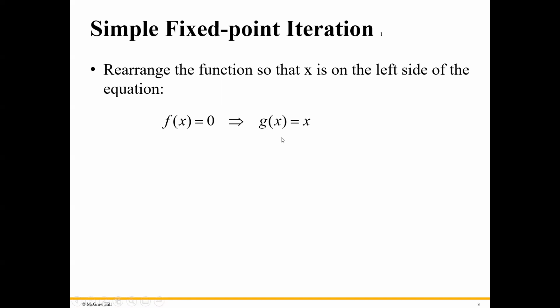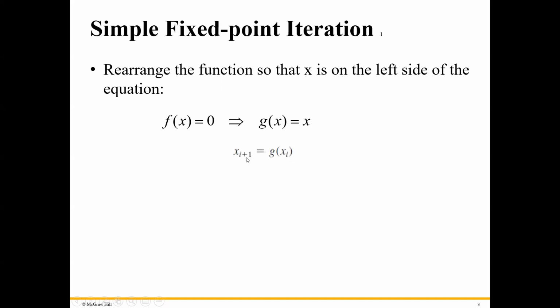So we rearrange the function in such a way that the function f(x) becomes some other function g(x), and the only difference is that on the other side the value x remains.